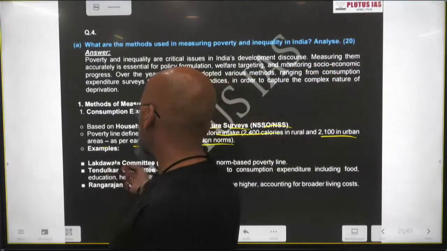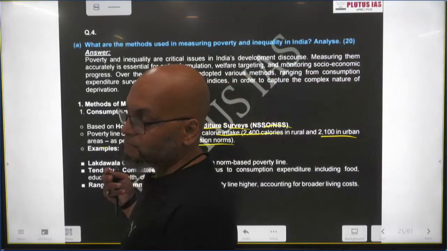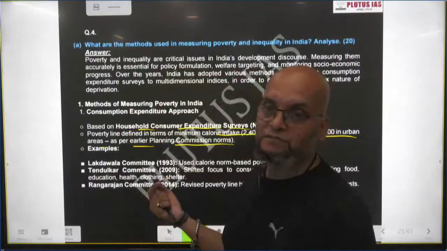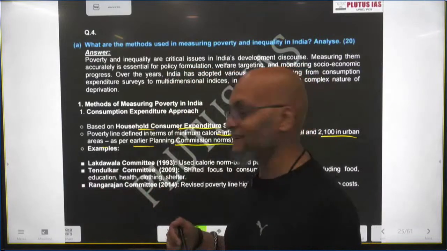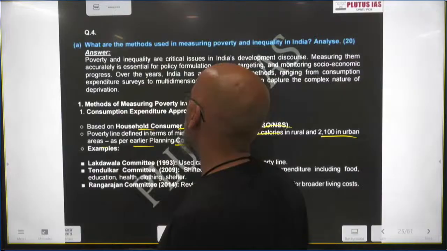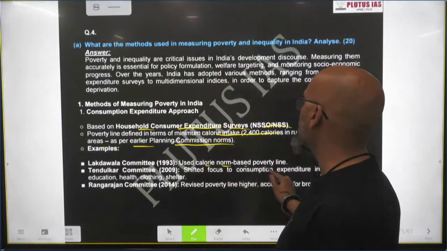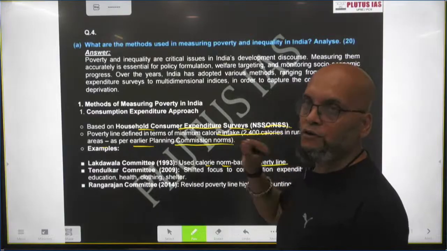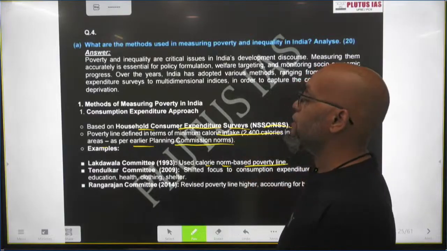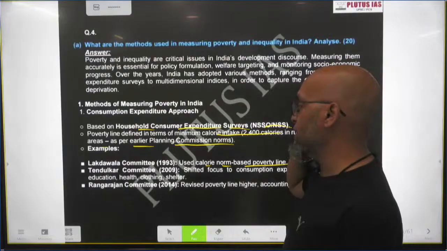Anyway, nowadays people following weight loss consume less than 2100. Then the Lakdawala Committee of 1993 used a calorie norms based poverty line. So the poverty line was formed by using calorie intake.